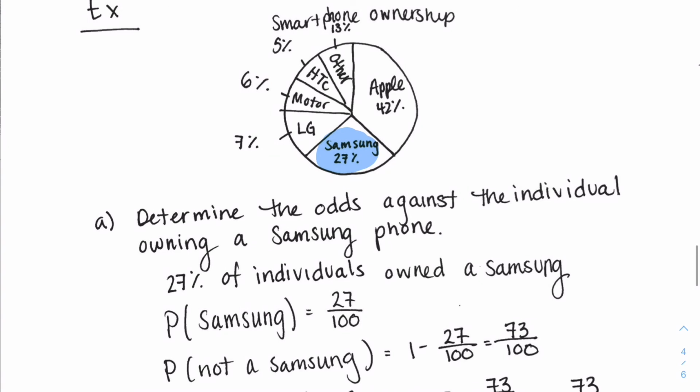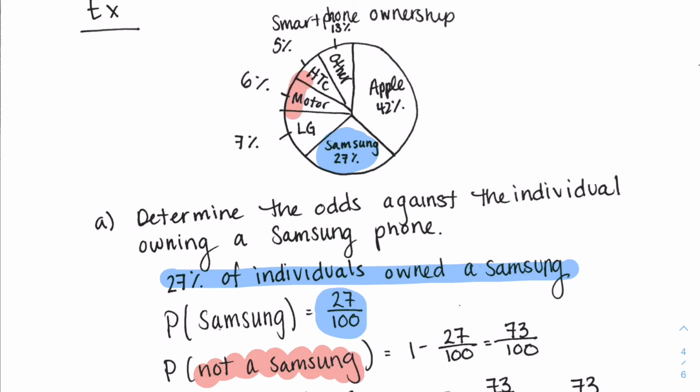So 27% owns a Samsung, and that's exactly our probability. So the probability of a Samsung is 27 out of 100. That's 27%. The probability of not a Samsung would be someone else owning any of these remaining companies.